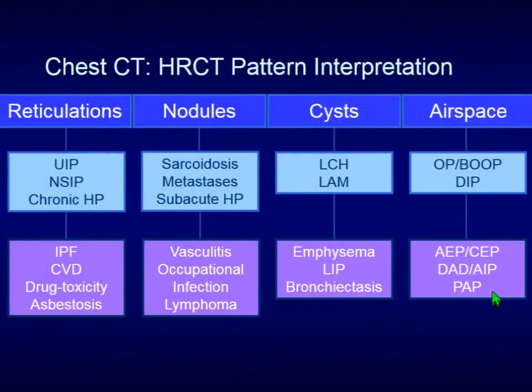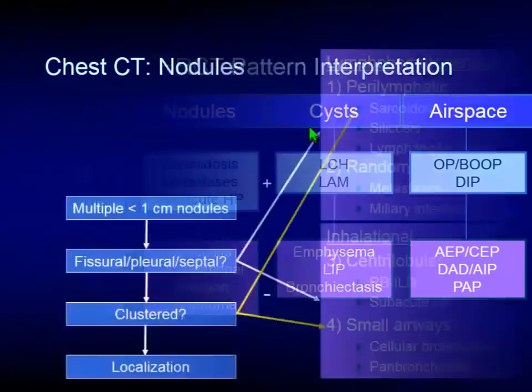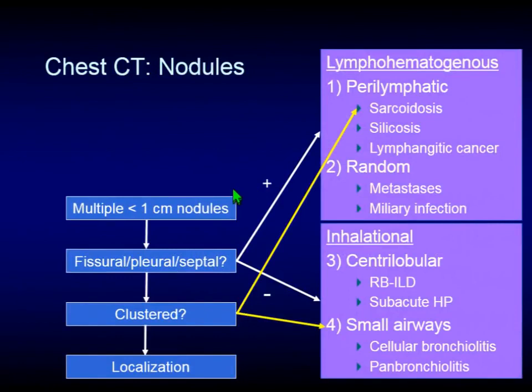So these are the categories that we talked about: reticulations, nodules, cysts, and airspace disease, and some of the common entities. Again, when you're dealing with a nodular pattern, and you're dealing with multiple or numerous subcentimeter nodules, the first question you want to ask yourself is, are they involving the lymphatic structures? If that's the case, then you're really dealing with a lymphohematogenous process, whether it's perilymphatic or random.